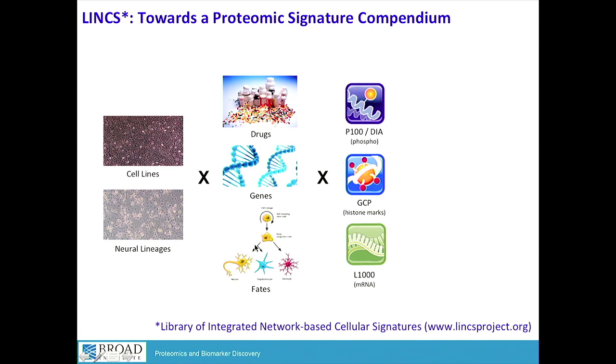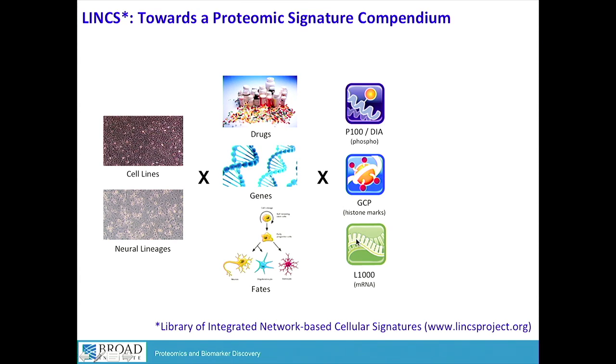Now we're measuring with both of our targeted proteomic assay panels, our P100 phosphosignaling, and a hybrid DIA PRM assay, which I don't think I'll have time to talk about. We're also measuring chromatin profiles from these same treatments, and a proxy of expression profiling.